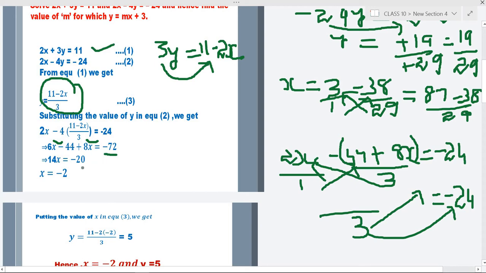And what do you get? How did we arrive at minus 28? Then what we did? 72 plus 44. We transpose this minus 44 to RHS. Hence we got first plus 44. 72 plus 44.